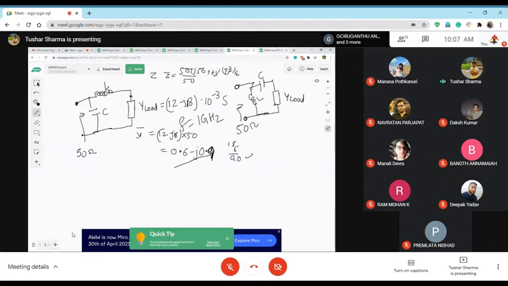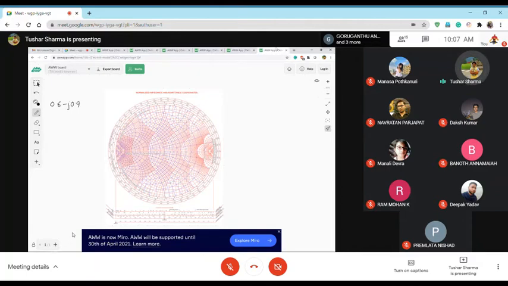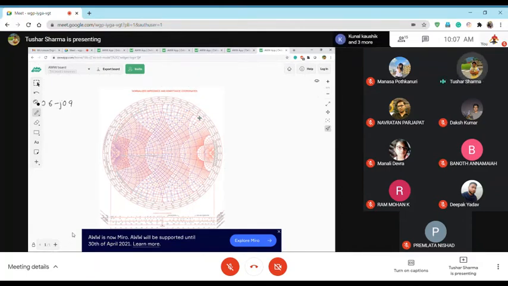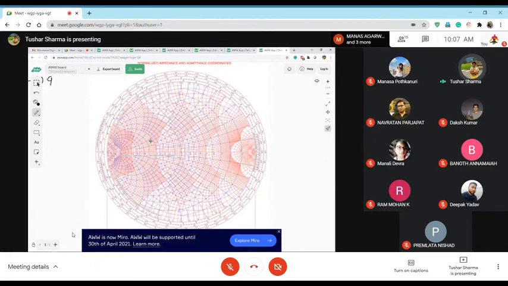Okay. So 0.6 minus j 0.9 आया. Okay. Now how to plot it fast? Please give me an answer, Manali, if you have plotted it. Tell me how will you plot this? Yes sir. Sir, on the x-axis I have plotted first of all 0.6. यहाँ 1 से फिर 0.6 चलेगी.